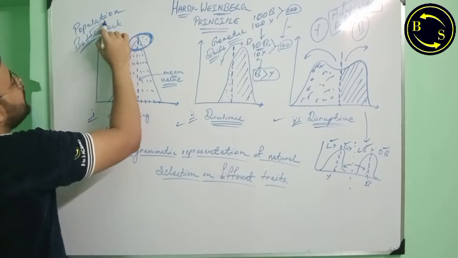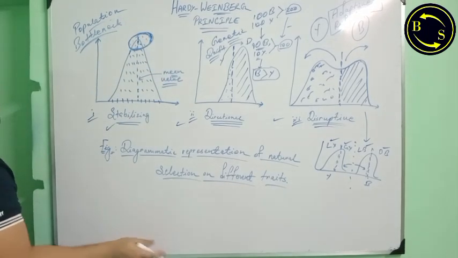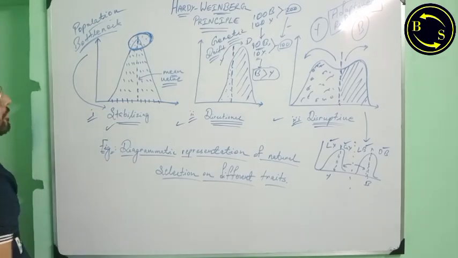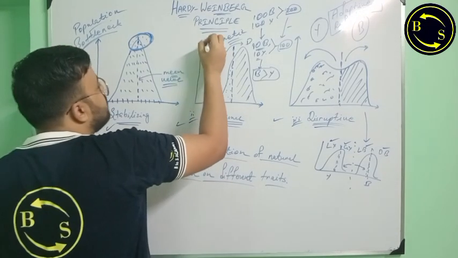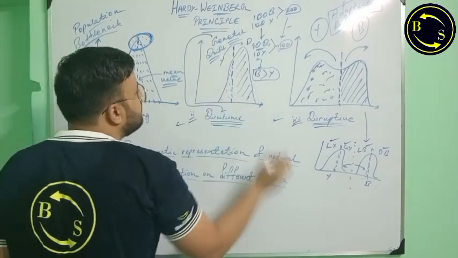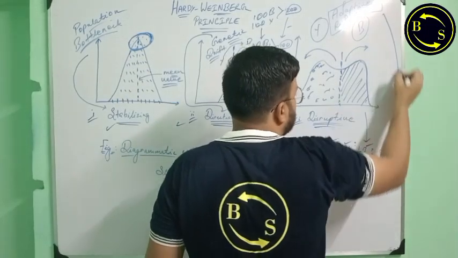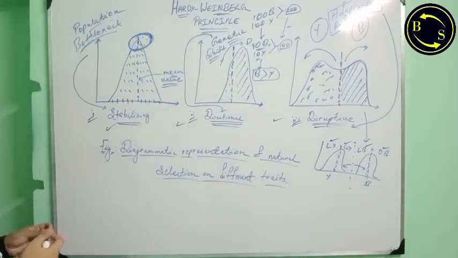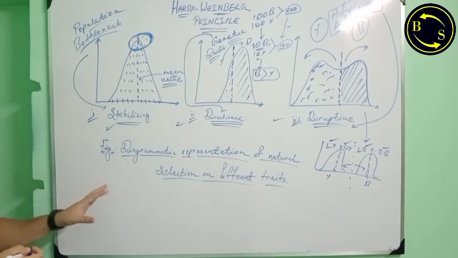So, there is a population bottleneck. So, population bottleneck leads to a stabilizing type of natural selection. Genetic drift leads to the directional natural selection, and adaptive radiation leads to the disruptive natural selection. So this is how natural selection works in real life.